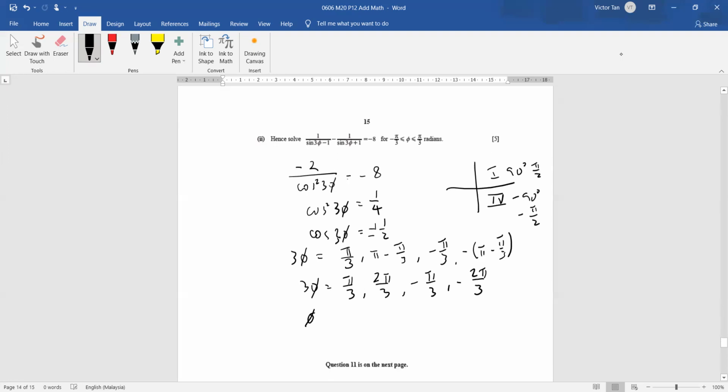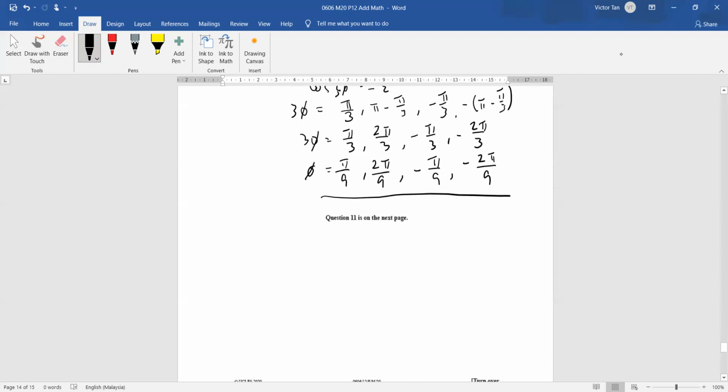Dividing by 3, you get your solution: pi over 9, and so on, from minus pi over 9 to pi over 9. There, you have 4 solutions.